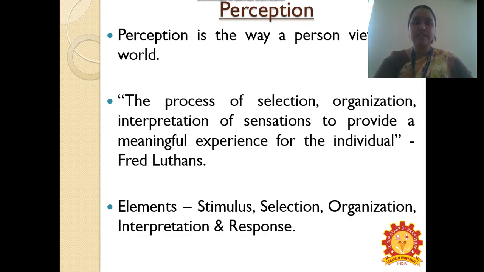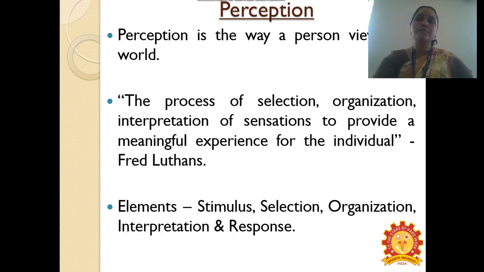So this definition was given by Fred Luthans, and he stressed the importance of perception. Now, perception can provide meaningful information to individuals when they gather information through five senses of theirs, like smelling or hearing or touching or vision, seeing or taste.